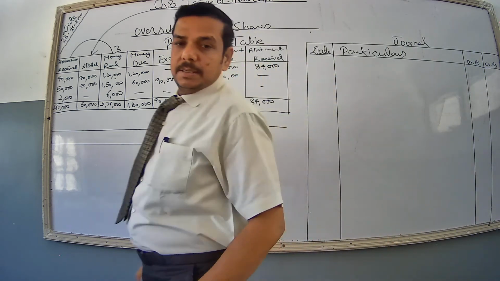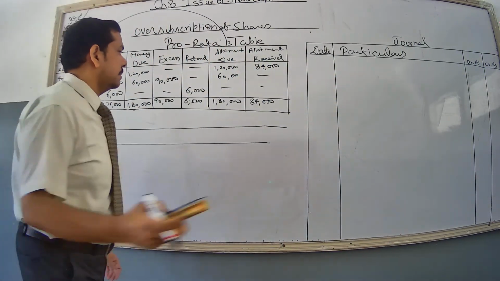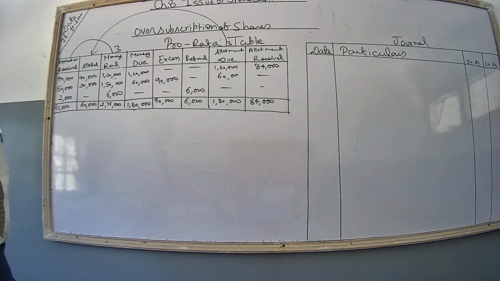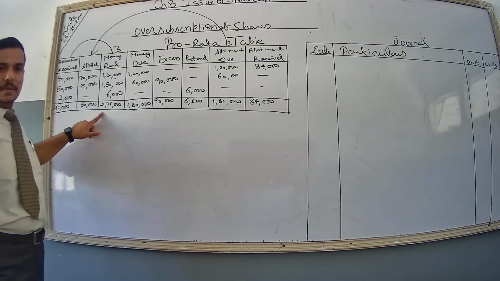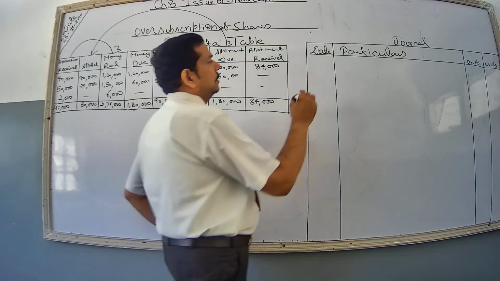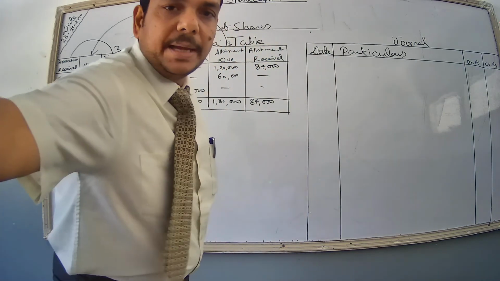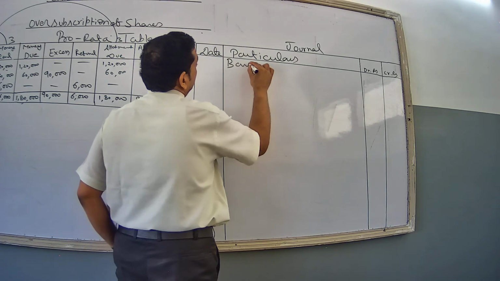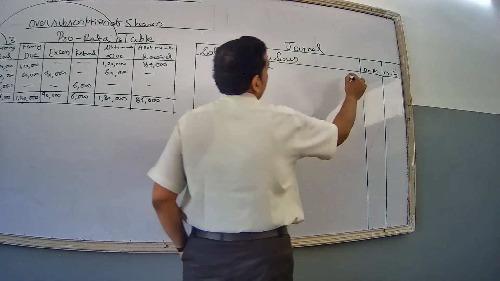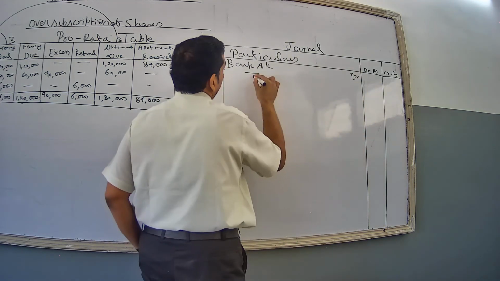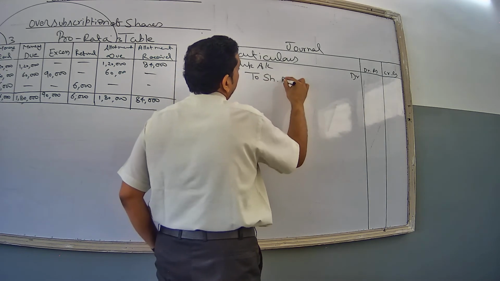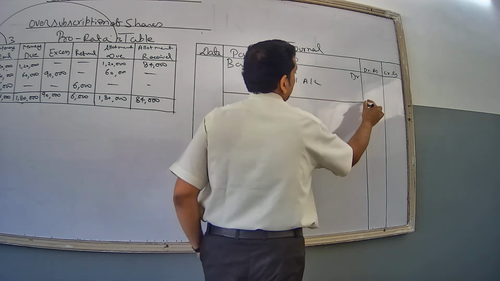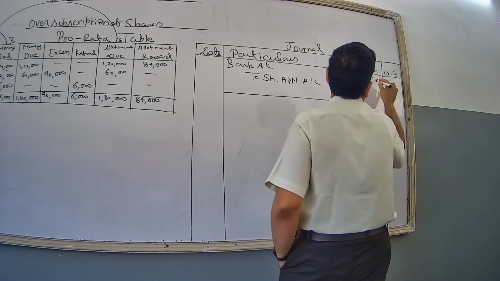Now see, we will pass the journal entries related to that. So first entry is for amount received, 2,76,000. So bank account debit to share application account, 2,76,000.